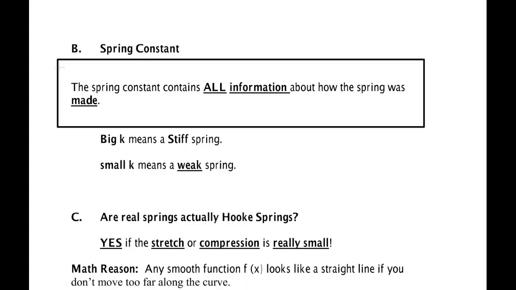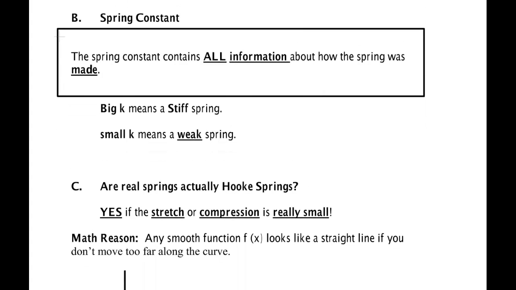Let's talk about the spring constant. The spring constant contains all the information about how the spring was actually made. My great-grandfather made buggy springs, and he would heat these buggy springs in a forge, and he would bend them, and then he would take the steel and stick it into a sand and oil mixture and cool it.